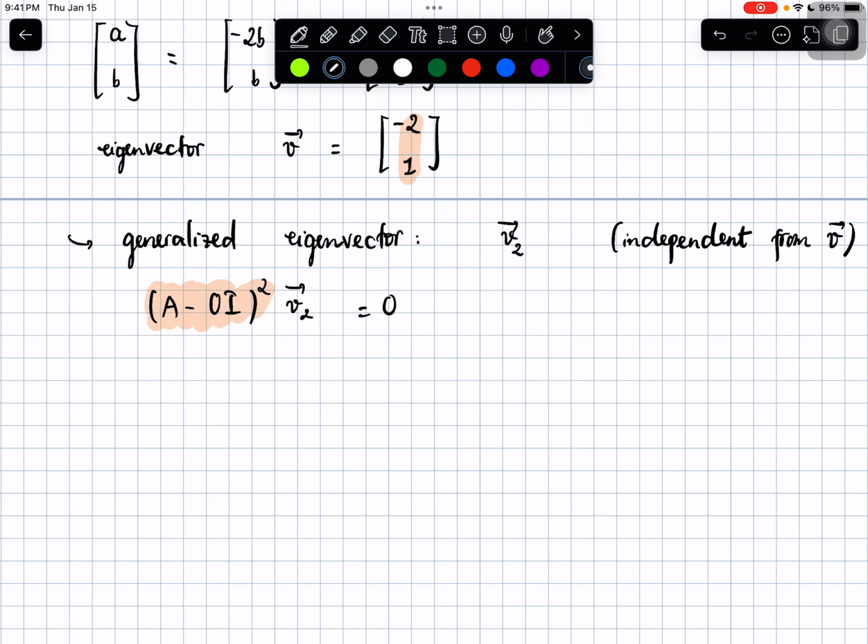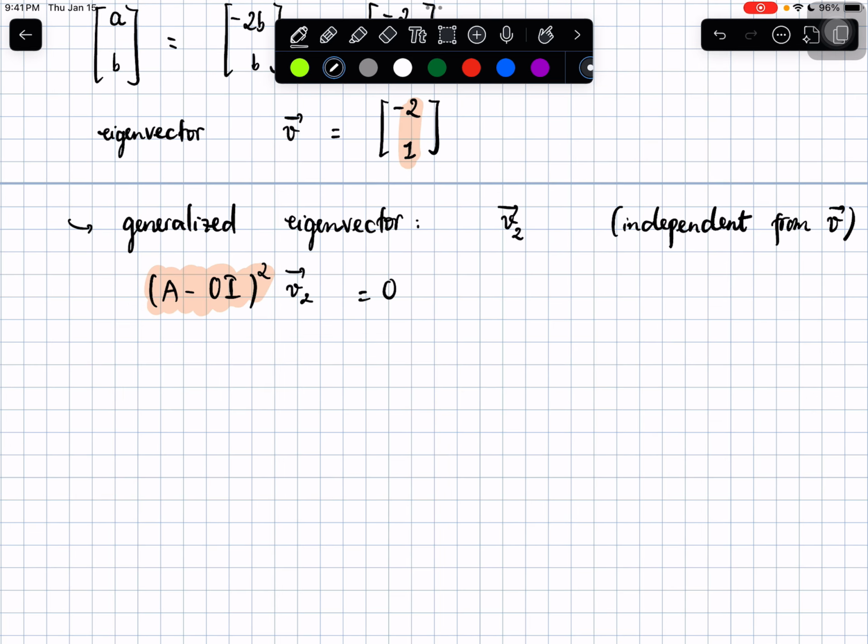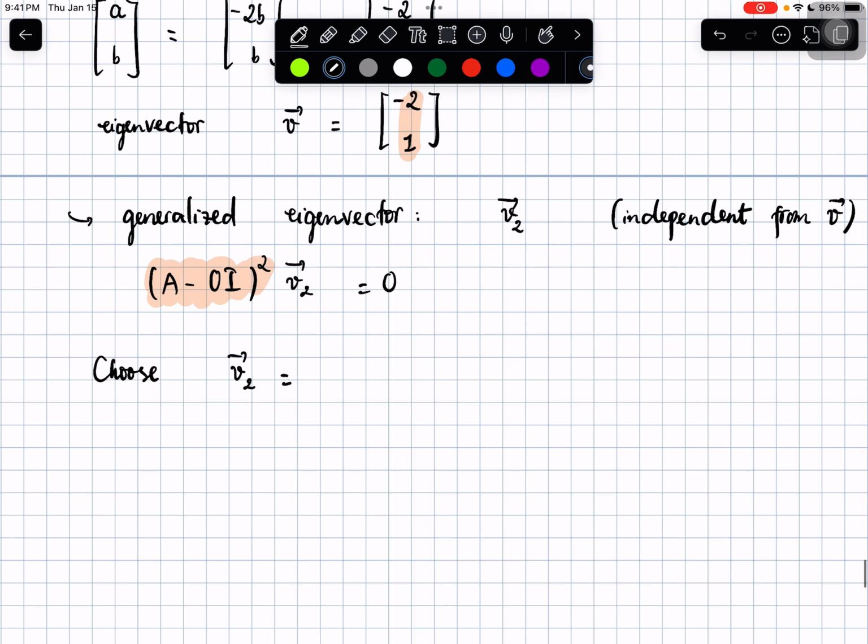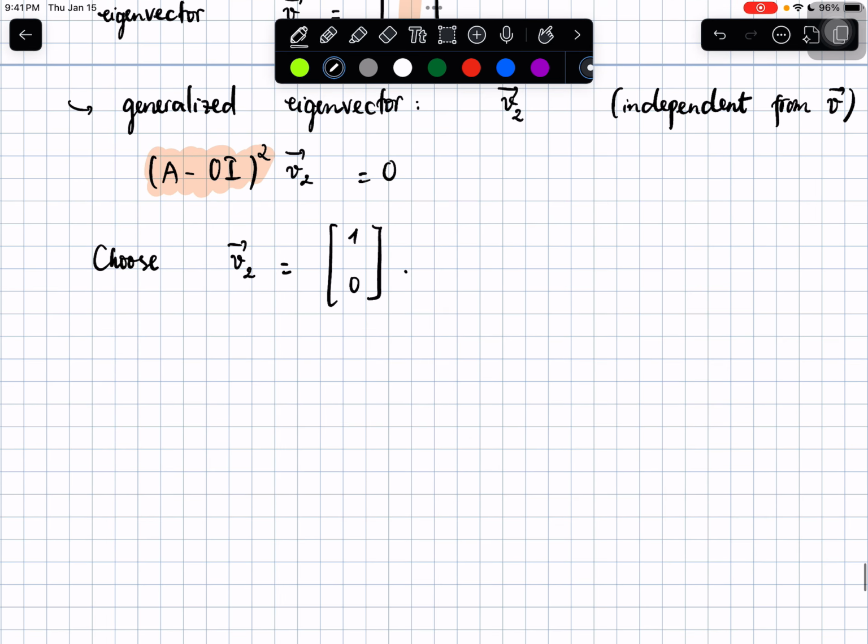So v2 can be chosen to be anything linearly independent from v. So we choose v2 to be 1, 0. Now for v2, we construct v1. v1 is A minus 0 I times v2.